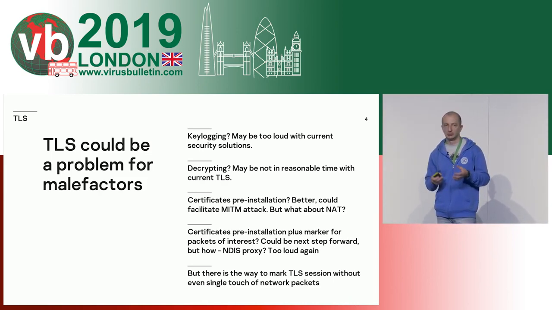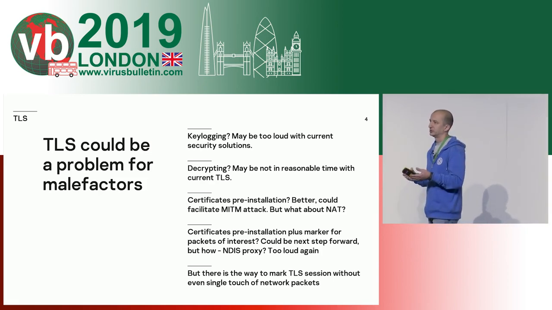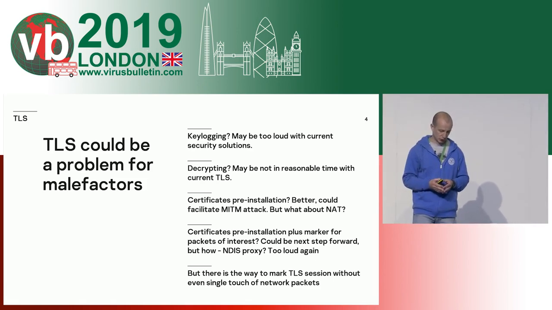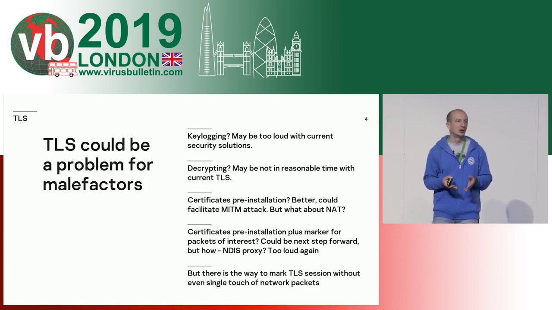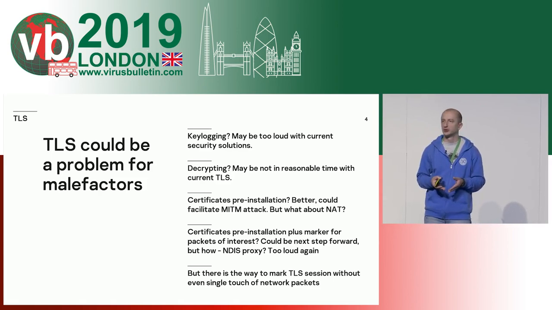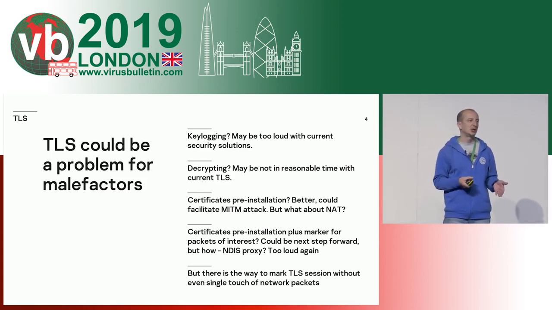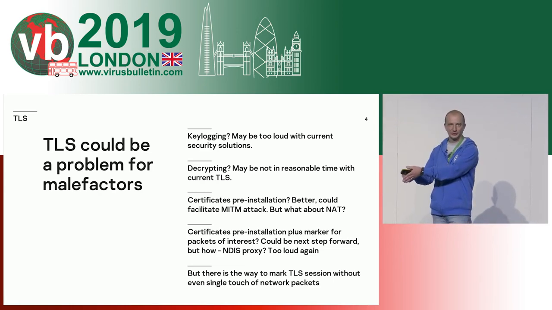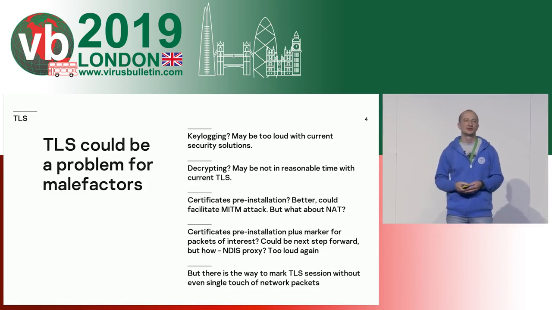They have to change the TLS packet somehow, right? Make some marking: this is a packet of interest. How to do it? A mini filter network driver is possible, but maybe once again too loud. Some malefactors choose this way, writing an NDIS proxy or finding an already written proxy driver from third parties.